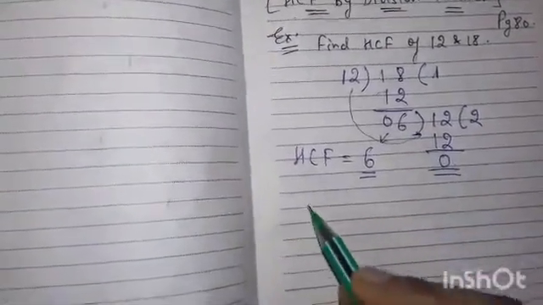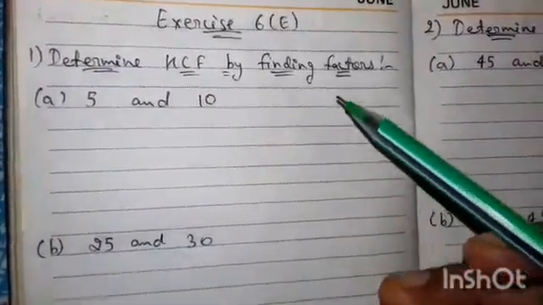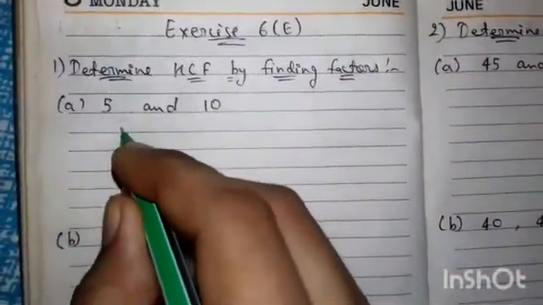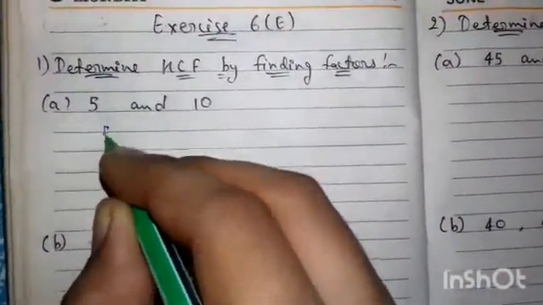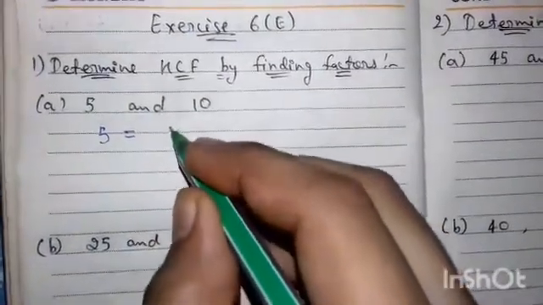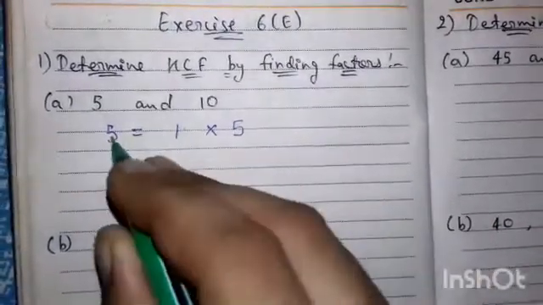Okay, now exercise 6E: determine the HCF by finding factors of 5 and 10. According to factors, the HCF of 5 and 10. Factors of 5: 1 into 5, 5 into 1 is equal to 5.